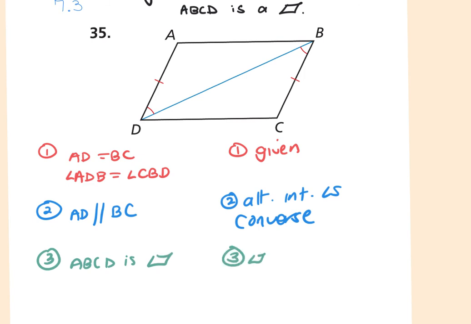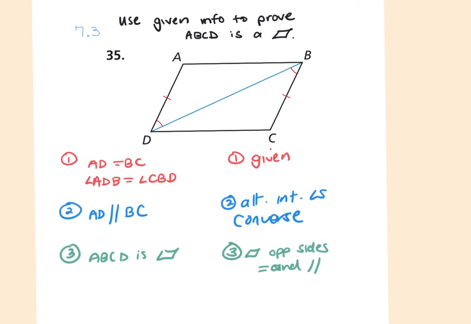Good. Parallelogram, opposite sides equal and parallel. Or if a quadrilateral has one pair of opposite sides equal and parallel, then it is a parallelogram. Okay? 3 steps. These should not be scary.